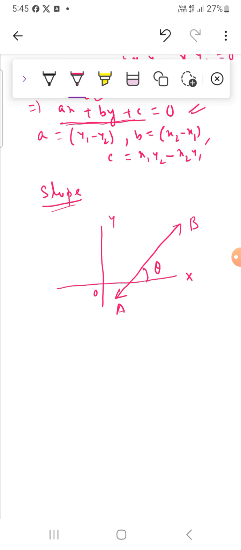Then the slope, represented by m, is tan theta. This is the slope, and if we have any point (x, y) on the straight line, then tan theta will be y by x.